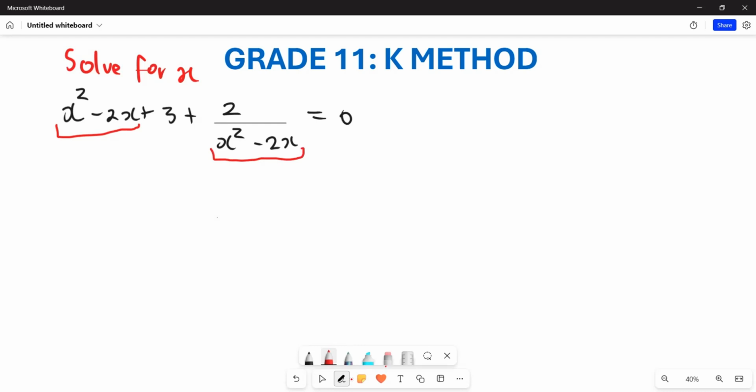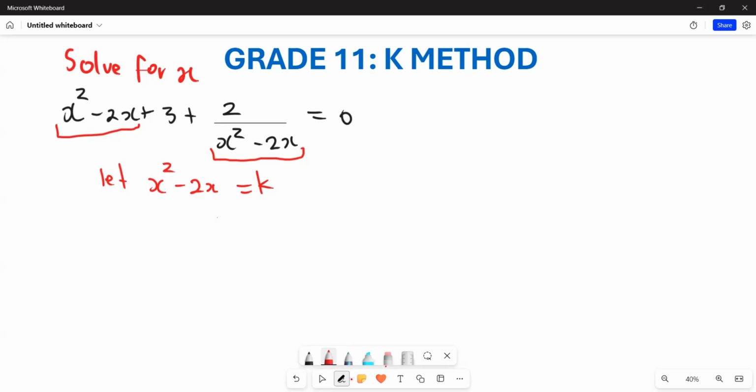You're going to let x squared subtract 2x be equal to k altogether, right? You understand that particular process, isn't it? So where there is x squared subtract 2x, just write k, right?